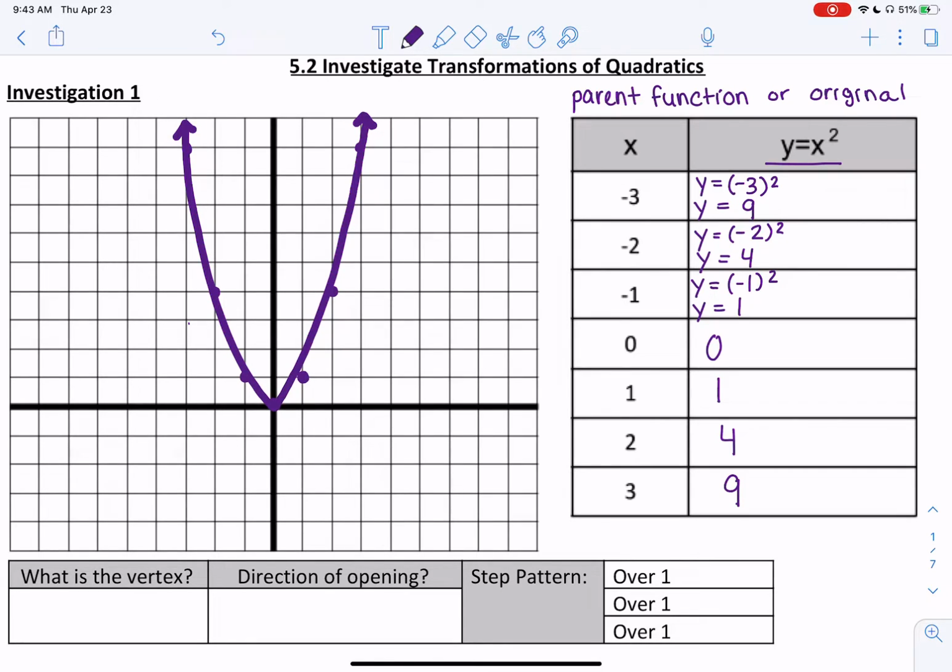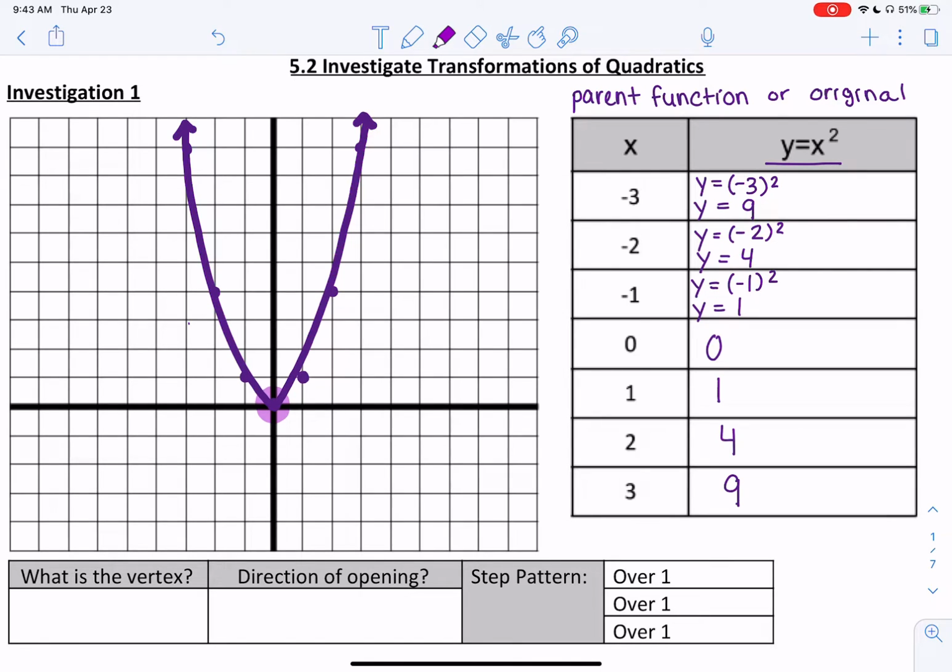For all of the parabolas we're going to be drawing in this lesson, we're going to be looking at 3 things. The first thing we're going to be looking for is the vertex. We briefly talked about that last lesson, but I want to talk about it again. The vertex is this point right here. It's our turnaround point.